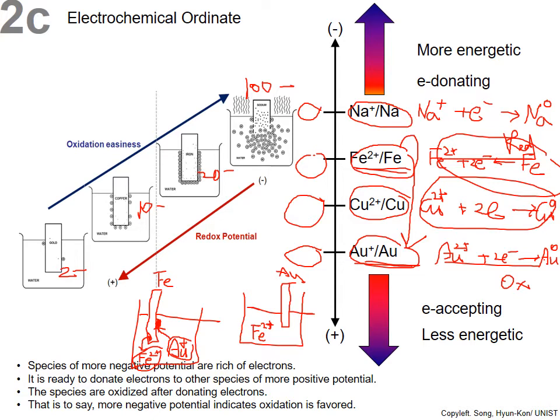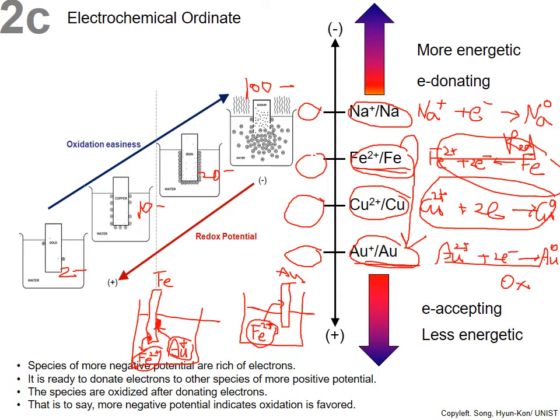One of my students would say, okay, I can read some values of reduction potential on the electrochemical ordinate. According to the electrochemical ordinate, Fe species donate their own electron into gold species. So Fe2 plus donates each electron to gold, and then gold is reduced. Is it right? I don't think so.